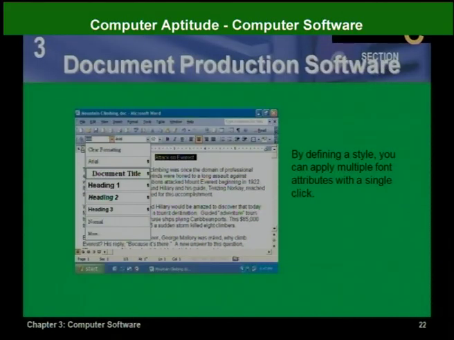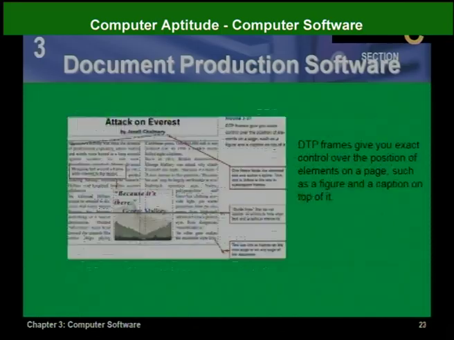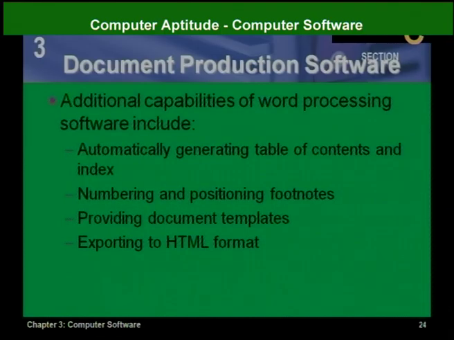Here you can see just the slides. There's not much explanation. You can open a Word document and see that. One more thing: automatically generate a table of contents, index, numbering, positioning, footnotes, providing document templates, exporting to HTML formats.